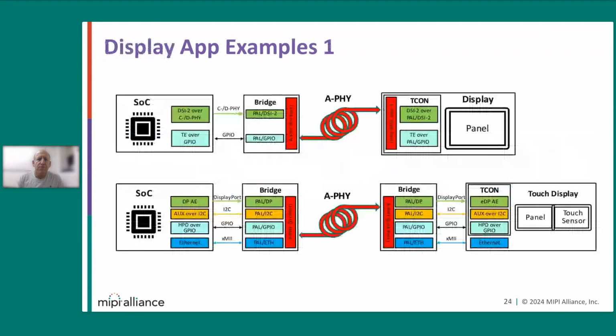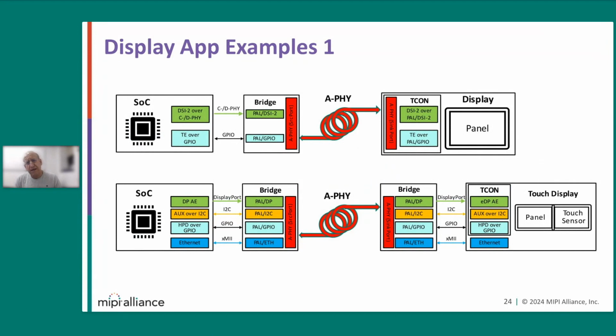Now going to some examples of display applications. Here again, we can see display data coming from an SoC through a bridge. Again, this presents a non-integrated type of solution.